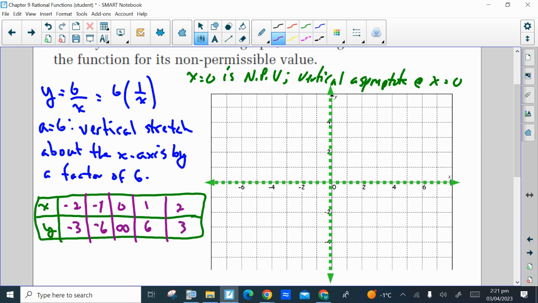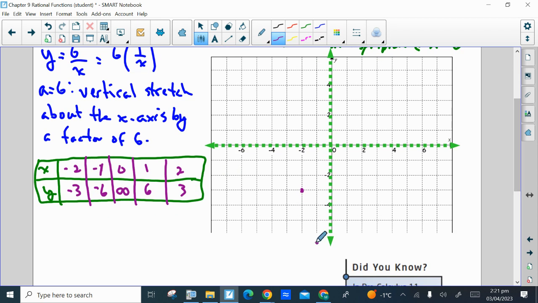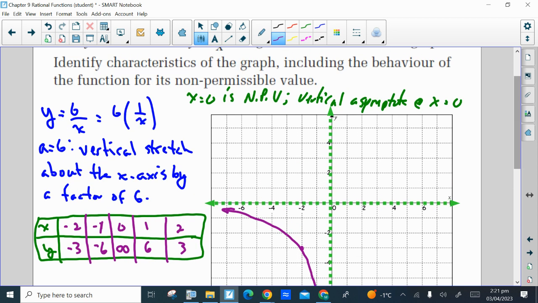So again, we know what this graph looks like. This just gives us a couple points that we can put on there. The point -2, -3 is on there, as well as -1, -6. So that's going to be down here somewhere. So that's this arm of the graph, this branch. Looks something like that. On the other side, I'll have the point 1, 6, which is right there, and the point 2, 3.